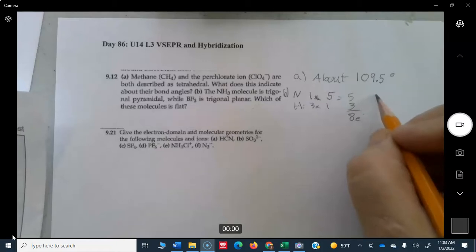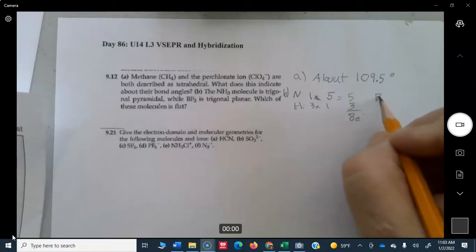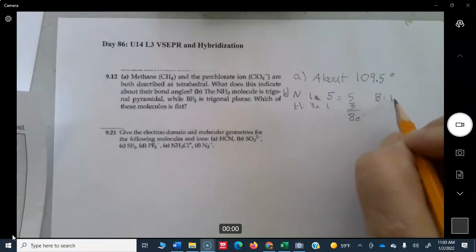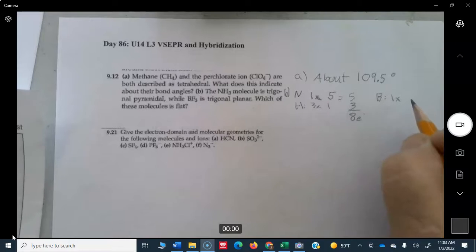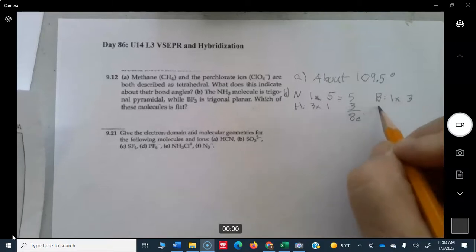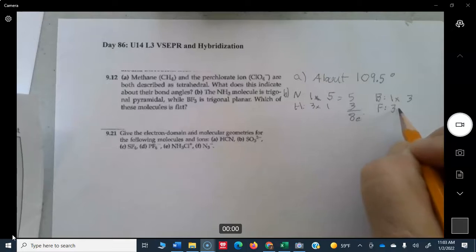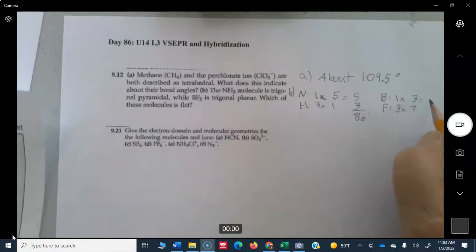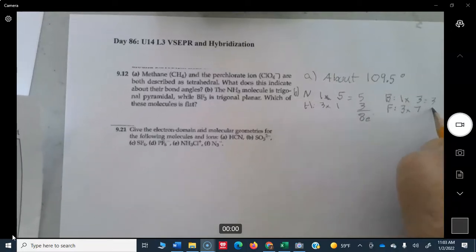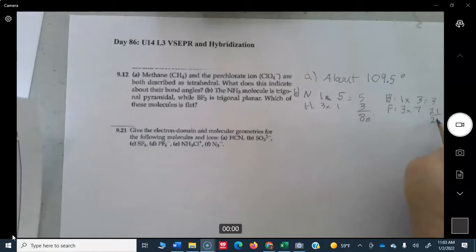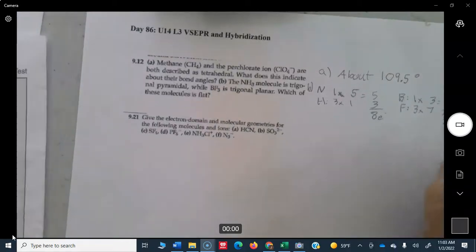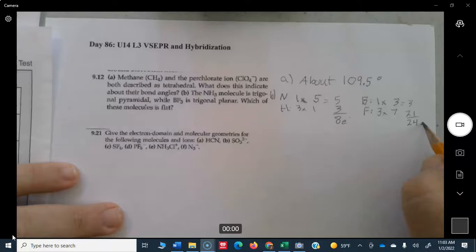And for BF3, boron, one of those, and each boron has 3. And F, fluorine, there's 3 of those, and each one has 7. So that's going to be 3, that's going to be 21, that's going to be 24. Okay? All right, 24 electrons.